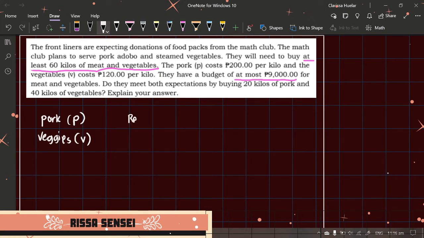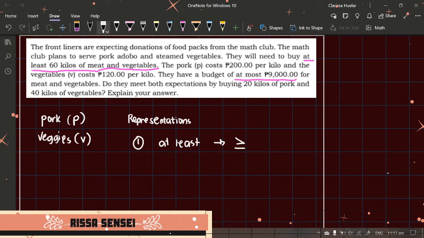So let's have a representation of the inequalities. So first inequality, we will talk about the number of kilos of meat and vegetables. So sabi na sa third sentence, dapat hindi siya bababa ng 60 kilos. And the inequality, please take note, the symbol for at least is greater than or equal to.